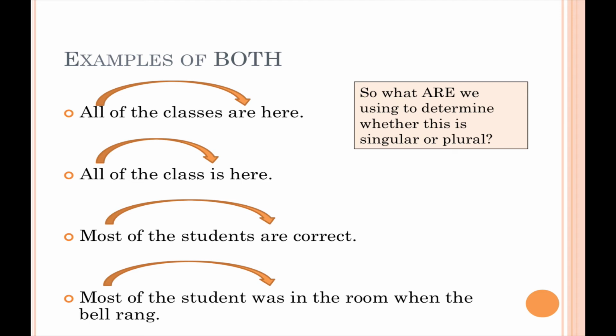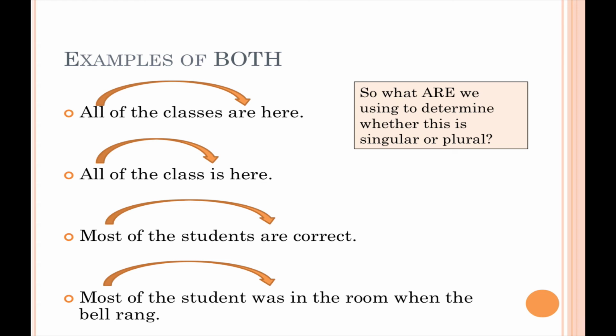So on this slide, we have the proper subjects highlighted, all or most. They are properly agreeing with the verbs, but you can see the question in the upper right. This is where you're going to use the prepositional phrase or more context around the subject to influence agreement. So if you notice in the first pair, it says all of the classes are here, as in like many classes are arriving at a school assembly or something.